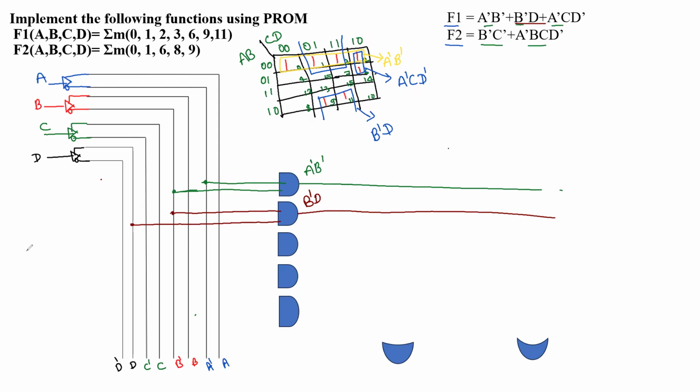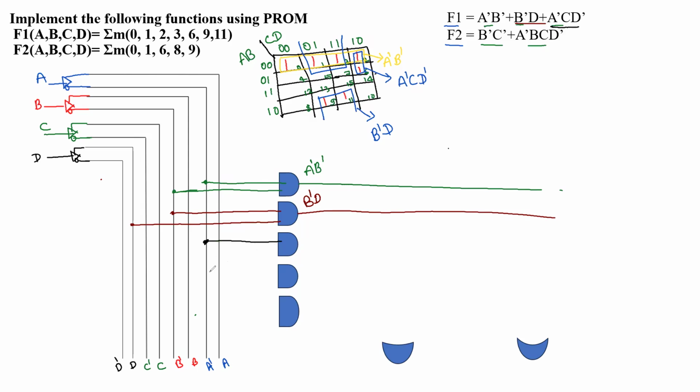Similarly, we have another gate for that. We are going to take A dash C D dash. First we'll connect A dash.